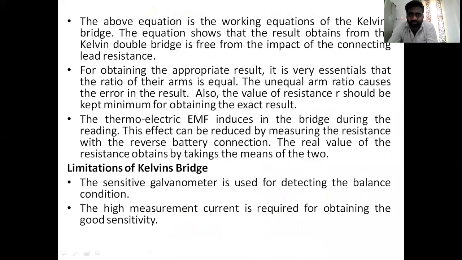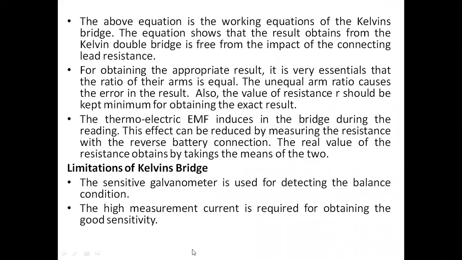If we see the above discussion, in Kelvin's bridge, the equation which we calculated is free from the impact of leading resistance. The lead resistance which we connected in between capital R and capital S does not affect the calculated unknown resistance expression.